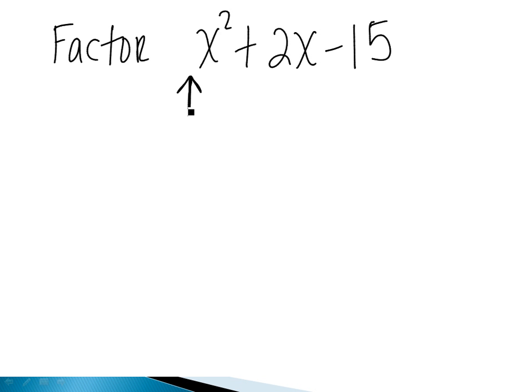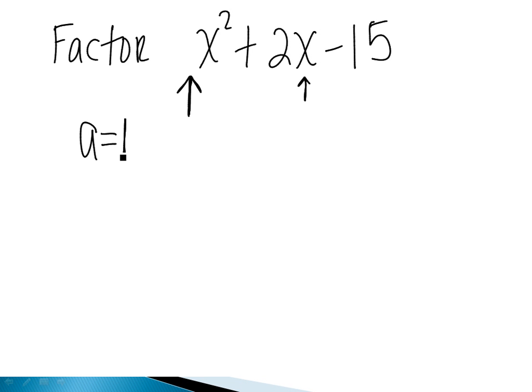Since we do not see a number, it's considered to be 1, just like the exponent of this x, even though we don't see an exponent, is considered to be x to the first power. So our a equals 1.